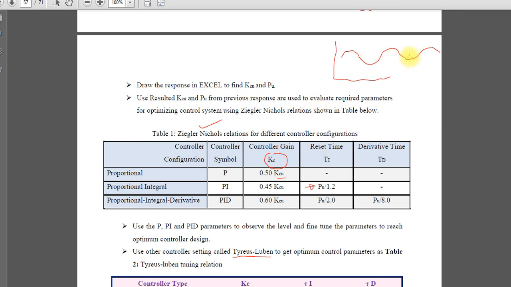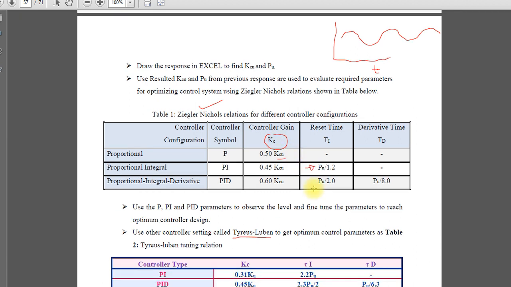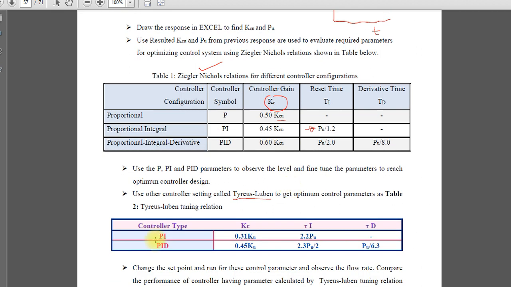It means the time between two peaks. So you read the time here and you read the time here, that gives you the Pu value. So once you calculate Kcu and Pu, you can get all the parameters for PI and PID, for both TL and ZN.